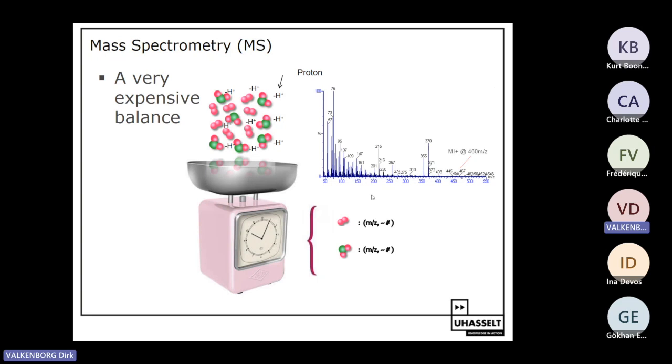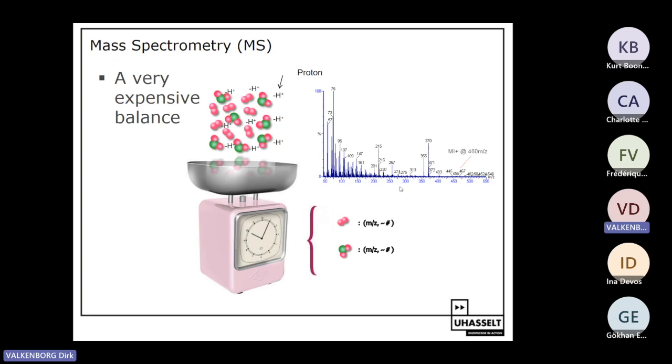I told you that the x-axis is a measure for mass. More or less, I was not completely correct here. Actually, on the x-axis, we have the mass to charge. But I will not go into any details here.